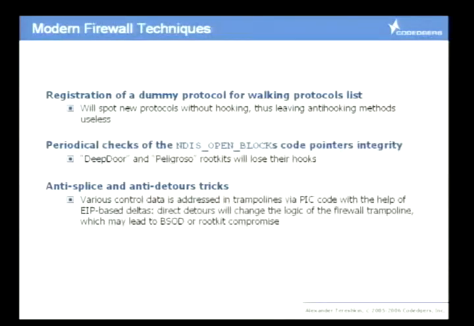And this way, Deep Door and Pelegrosa rootkits may lose their hooks, because they just repatch the original firewall pointers in these structures, like in this open block and this protocol block.